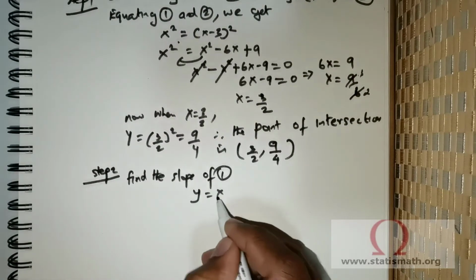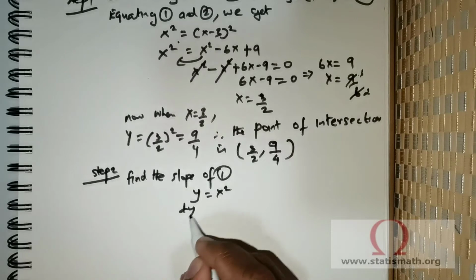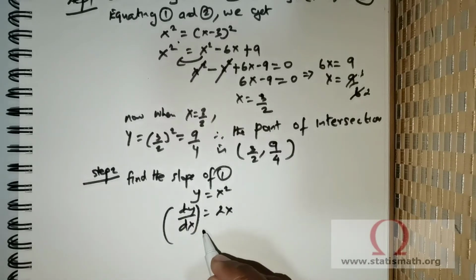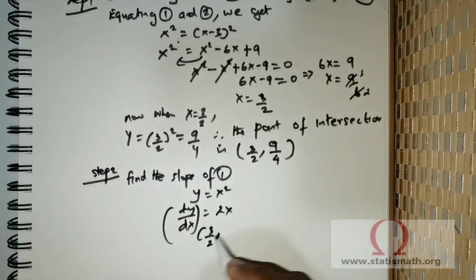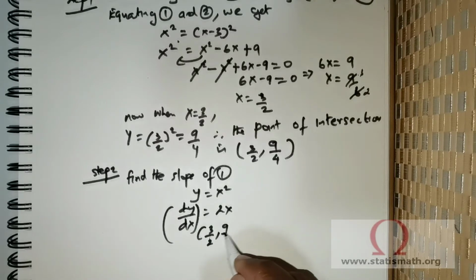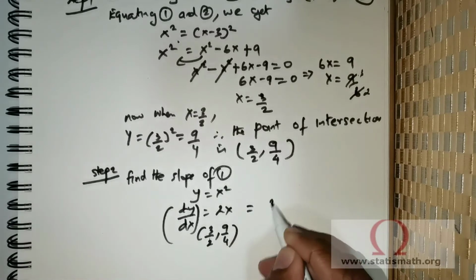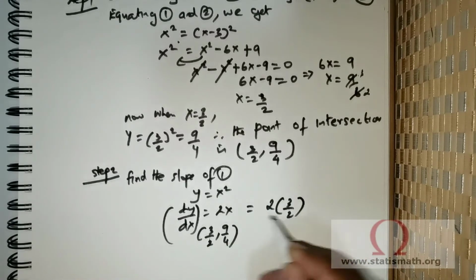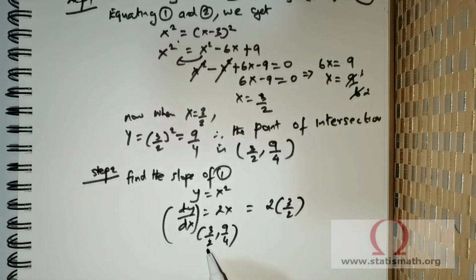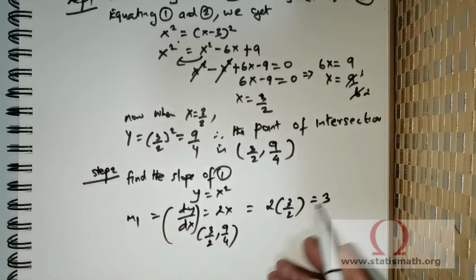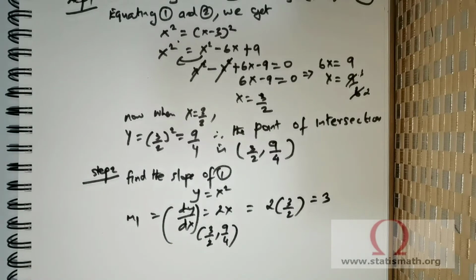We have y is equal to x squared, so we find dy over dx, which is 2x. Now dy over dx at the point (3/2, 9/4), we need this point. That is nothing but 2 of 3 over 2, because we just have x there, so substitute the x coordinate. That means we got m1 to be 3.